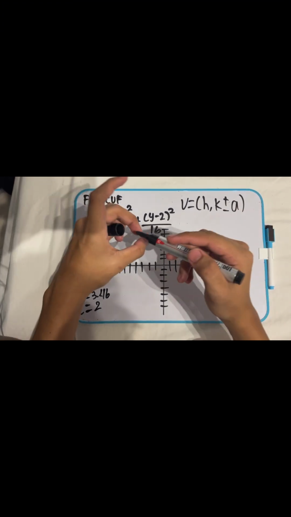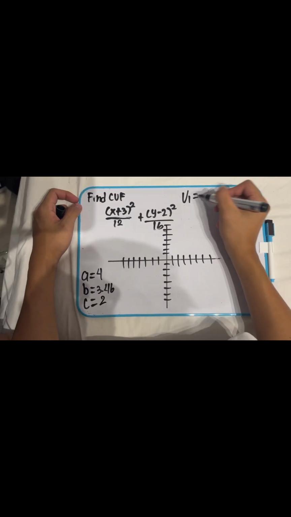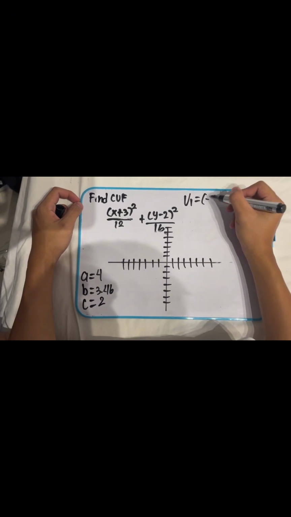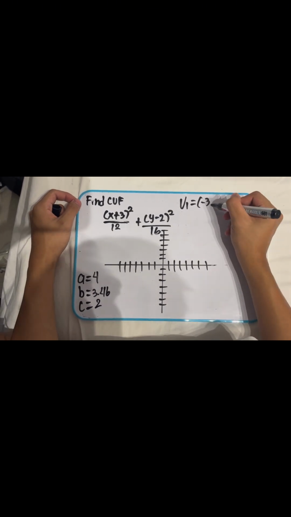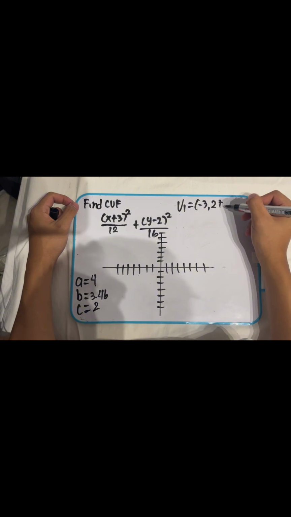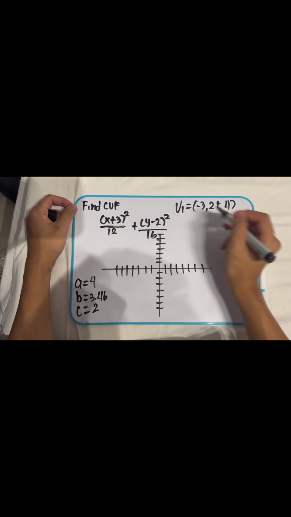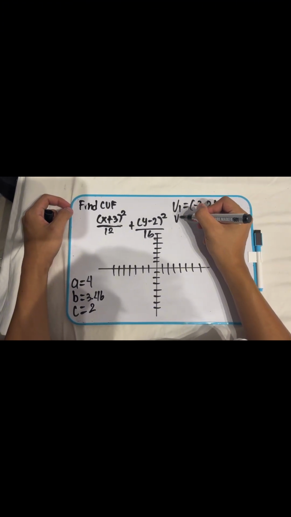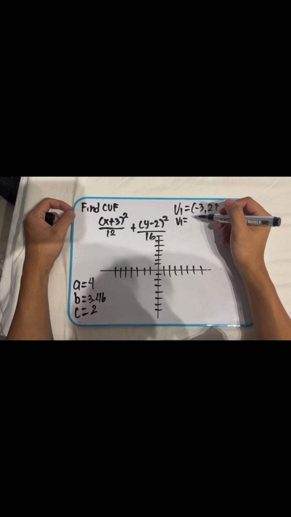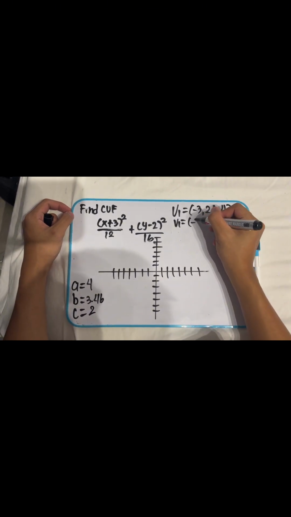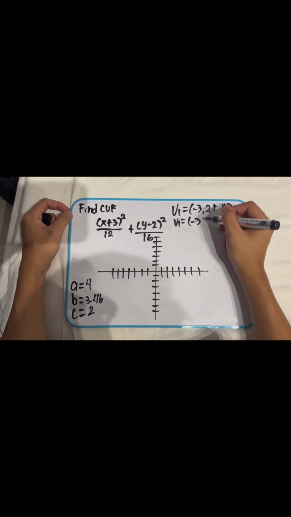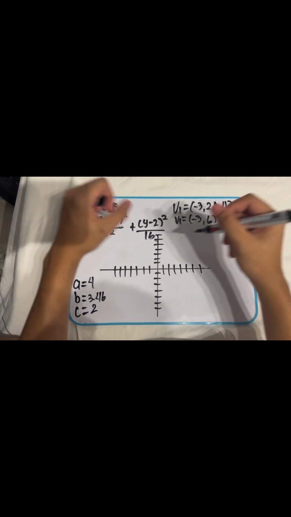That's our formula. V1 equals negative 3 plus 4, so V1 equals negative 3 and 6.